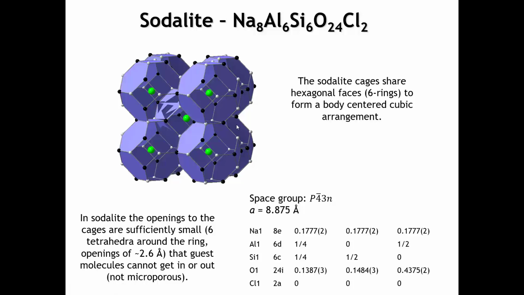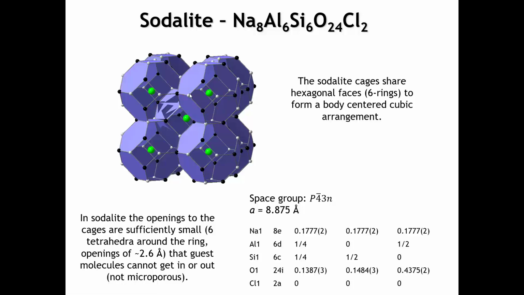Probably the best way to describe that blue cage is it would be a truncated octahedron. And in that blue object, we can see that we have hexagonal faces. So if we were to go around there, that would be what we call a 6 ring. And then we have these square or diamond faces, which are made up of 4 atoms. So we could call those a 4 ring.